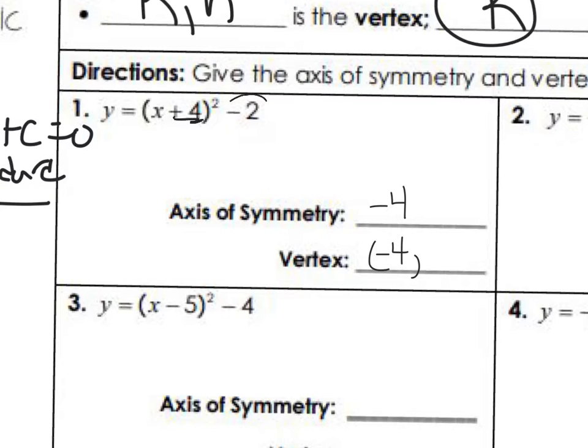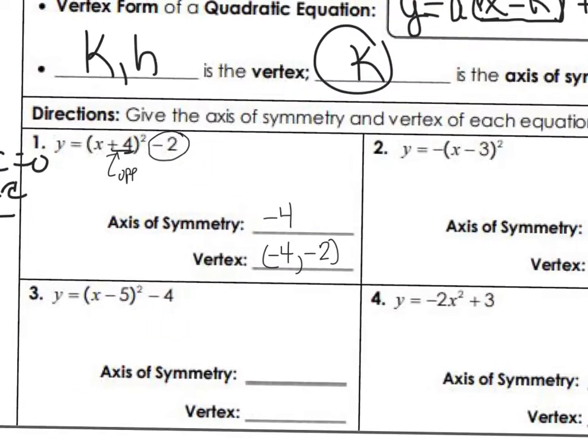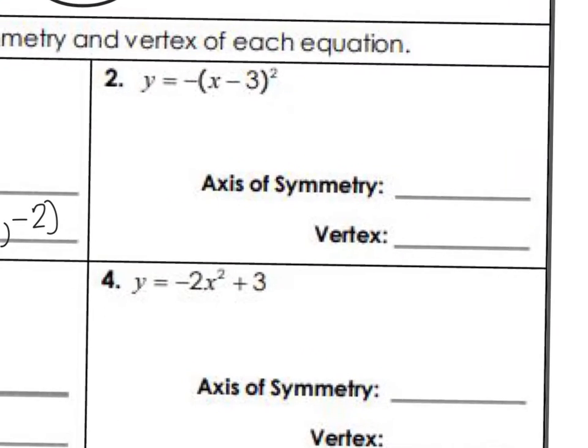Then h is the y-coordinate of your vertex. You don't take the opposite. This, you do the opposite. Only inside the parentheses is it opposite world.